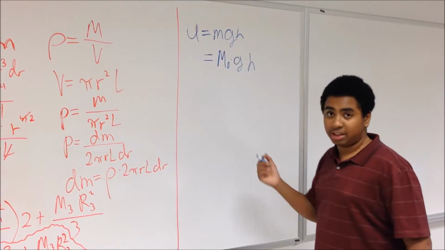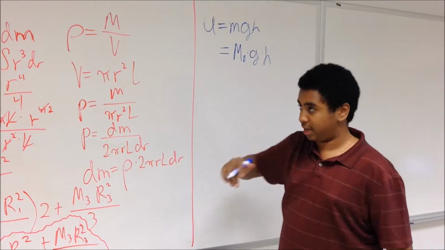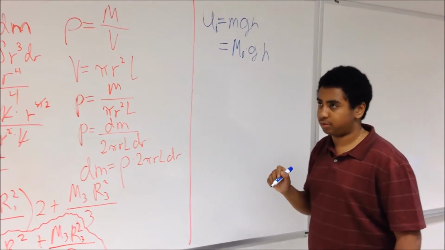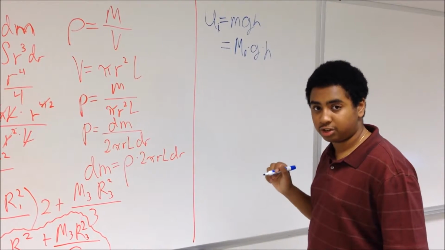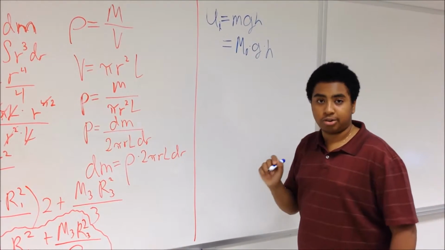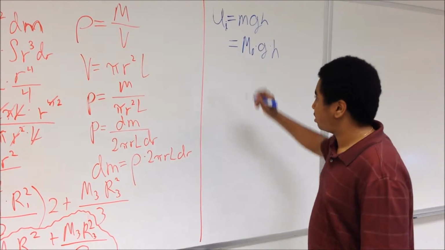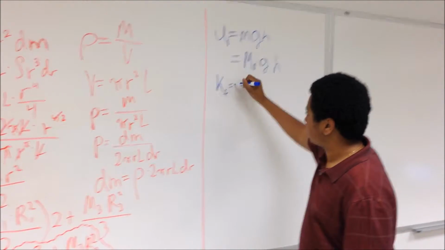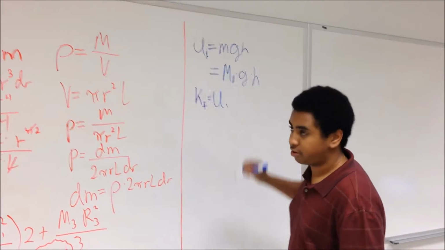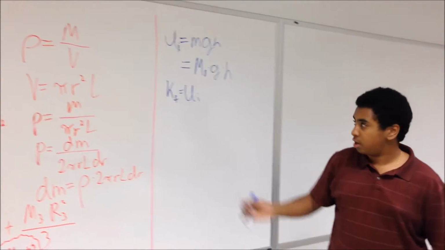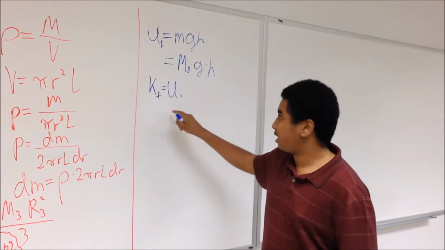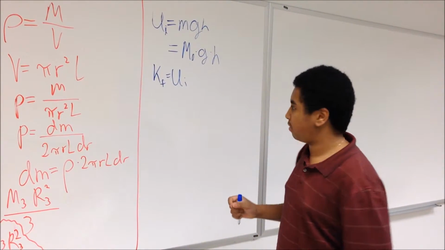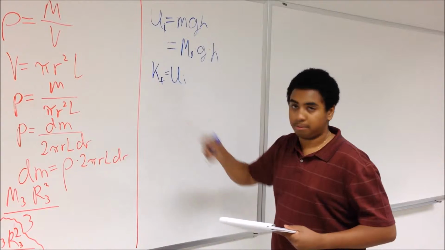Now, that's potential energy initial, when it's not moving yet. The kinetic energy is a little bit more difficult, because the potential energy initial equals the kinetic energy final. So the kinetic energy final is something that you can use later if you want to do this with numbers. You can set what we're about to find equal to this, and use that to find the actual number values. But for now, we're just going to deal with this.